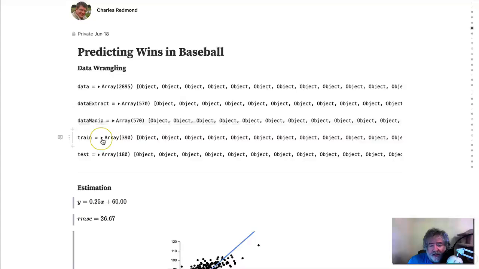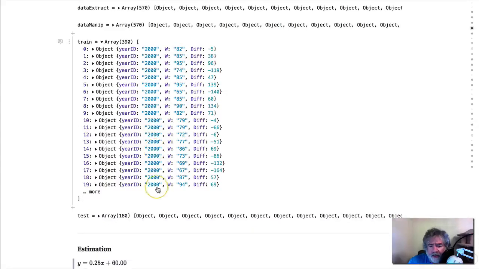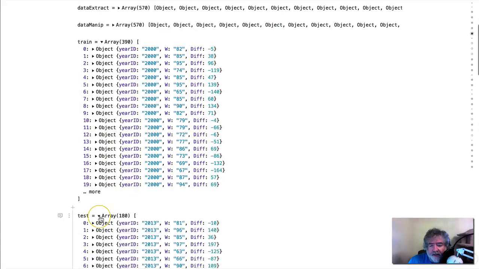And then finally, I take this set and I split it into a training set and a test set. I tried to take about 70% of these records for the training set. I did that by limiting it to, I think, up to year 2013 or something like that. And then I use the records after that as my test set.